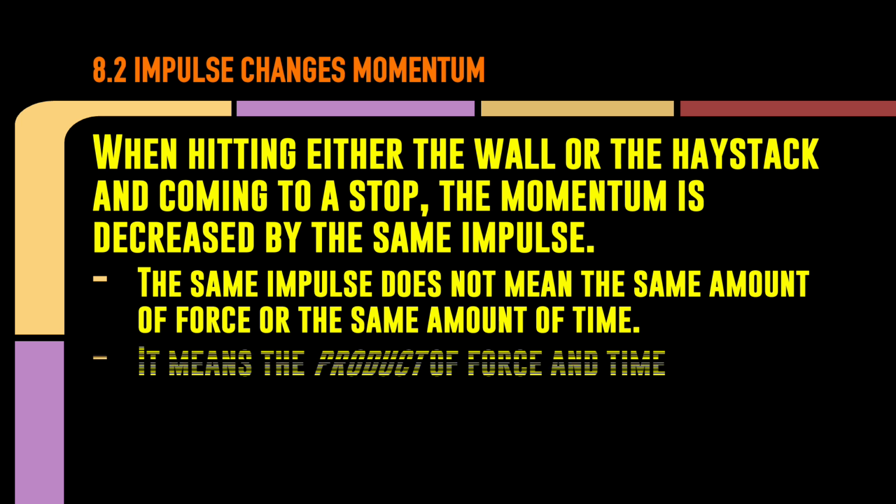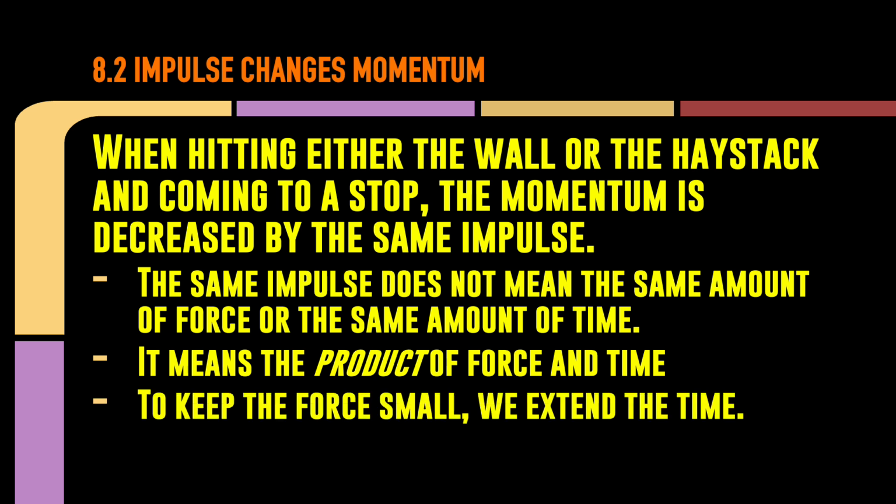And so we have to know that it's the product of force and time that's causing the impulse to change the momentum. So to keep the force small, we extend the time. There are lots of examples we can think of that keep people safe in cars. And once again, when we come into class, we'll discuss this in a little more detail.